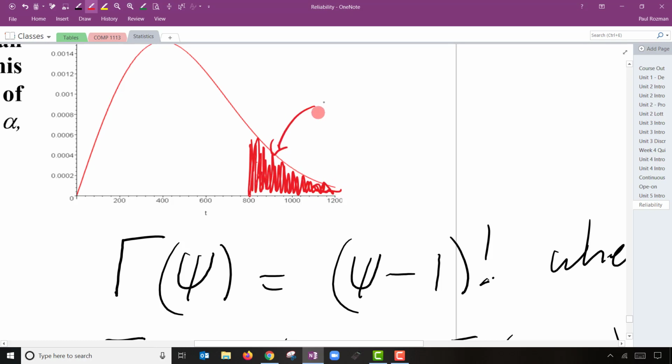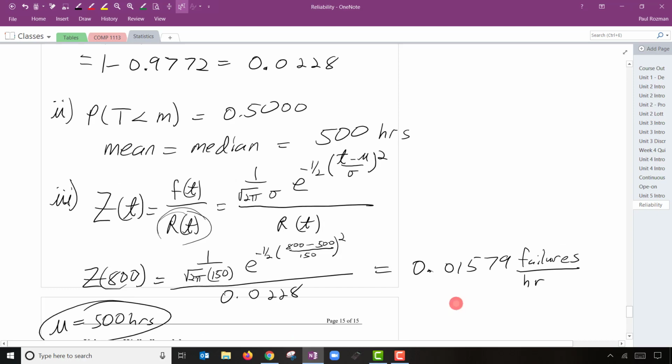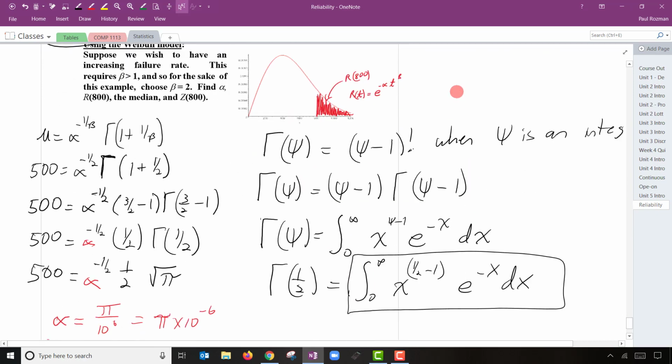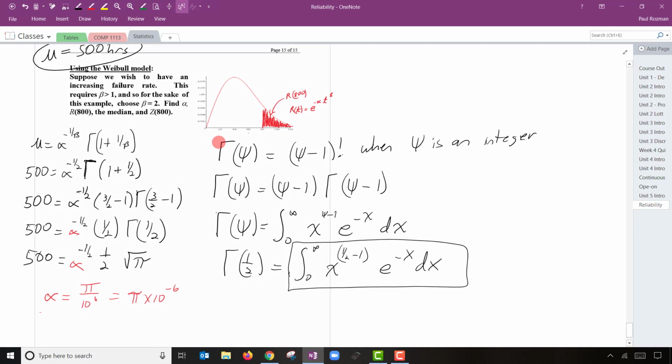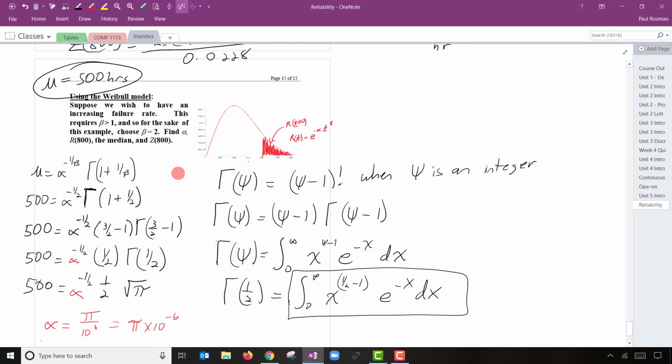This is our R of 800, where R of t for the Weibull distribution is e to the minus alpha t to the beta. And we know alpha and beta after a lot of work and a lot of hand waving, really. I made up beta. Why couldn't I have just made up alpha? But I said we were going to stick with the mean of 500 hours. So then we had to do all this work.